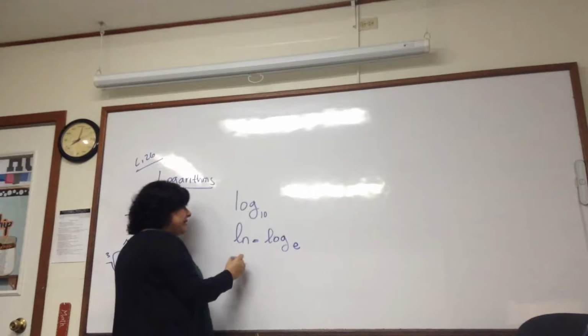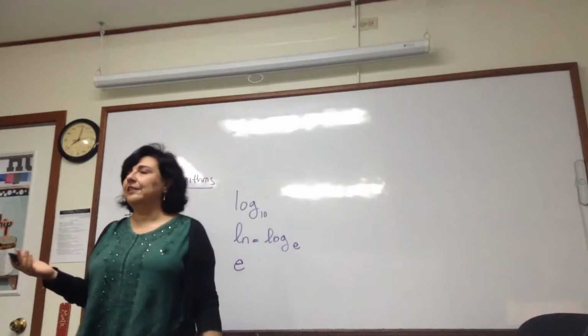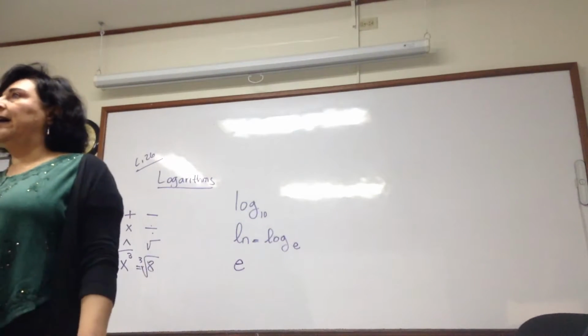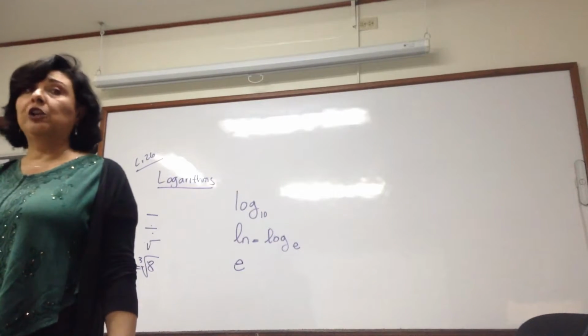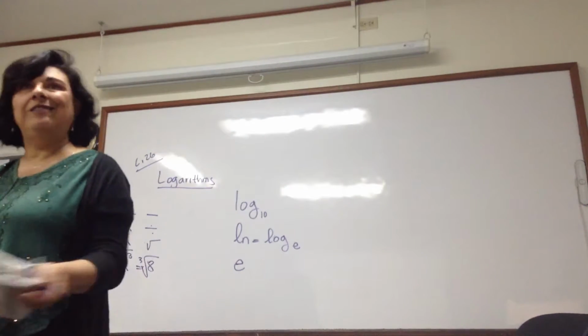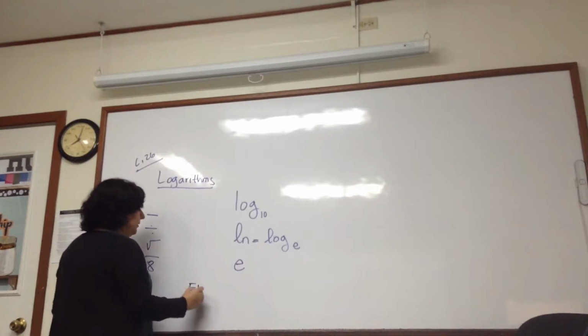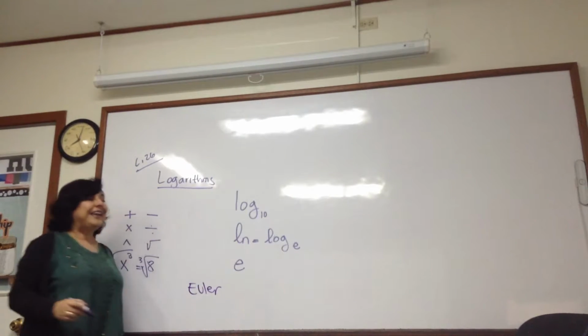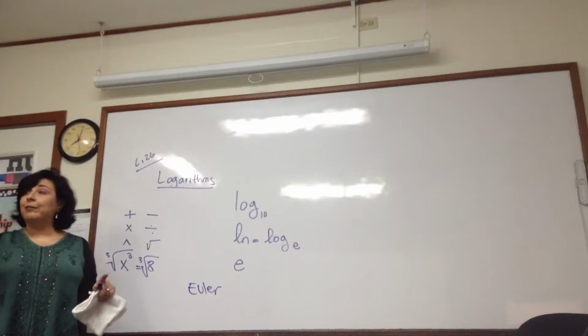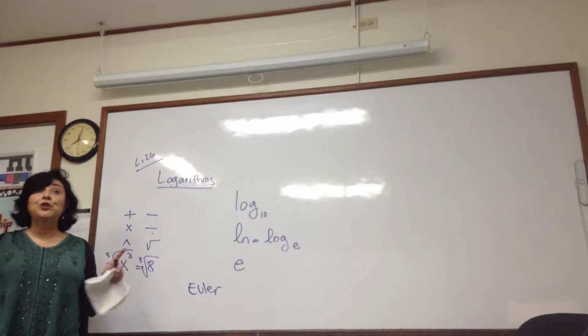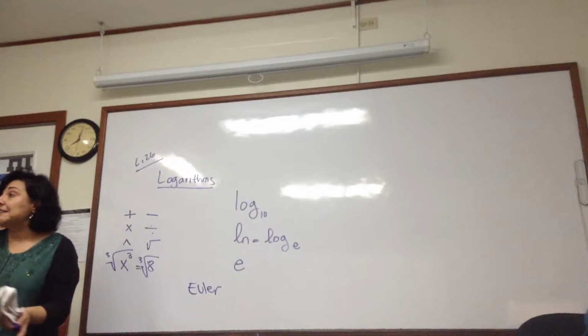E is a number, and it's the letter E in homage to Euler, whose last name started with an E, even though it sounds like an O. It's Euler. He discovered this number, and it's very common, and it helps you find exponents.